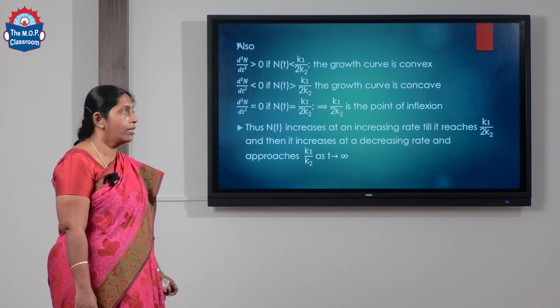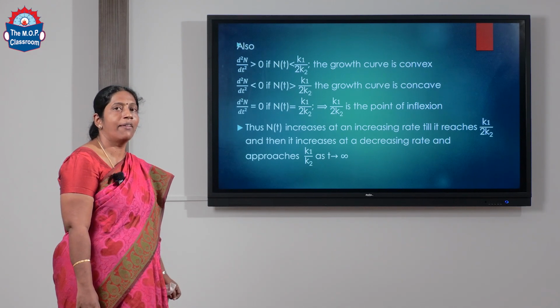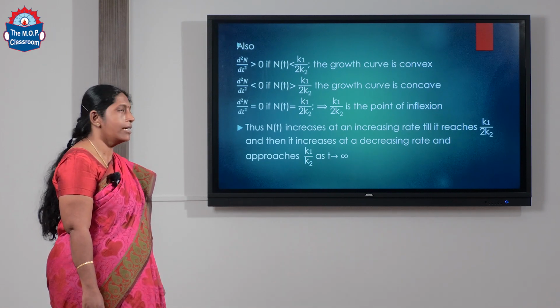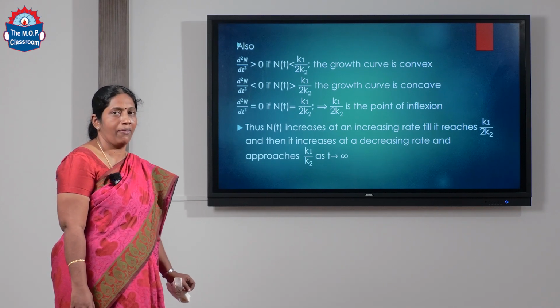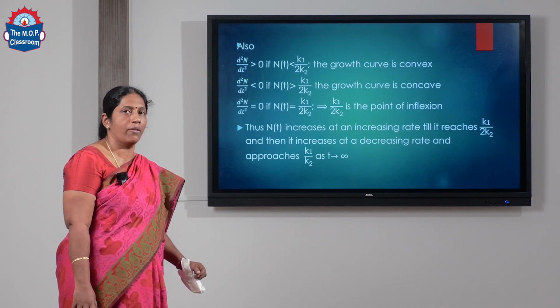That is, the growth curve is concave. Similarly, when N of t is equal to half of K1 by K2, we have d square N by dt square equal to 0. And this point we usually call a point of inflection, that is the point where a curve changes from convex to concave.